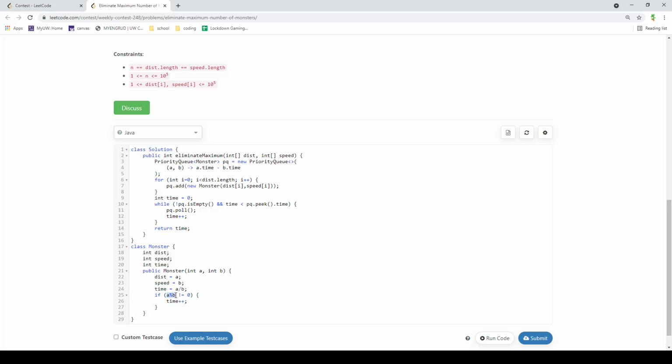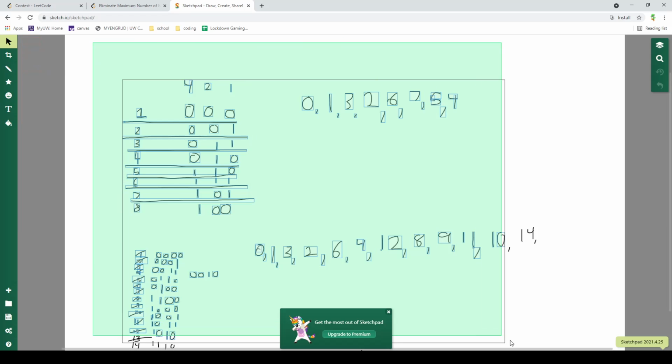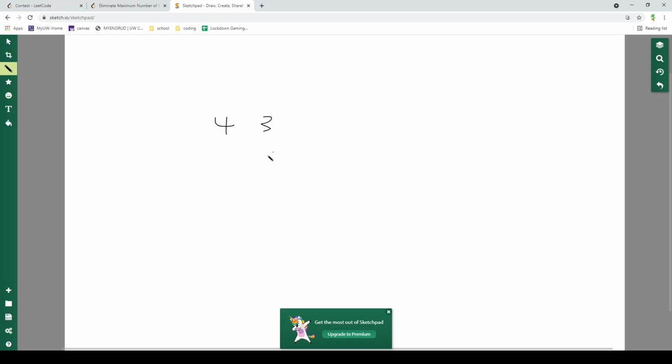If the distance is not perfectly divisible by the speed, we need to add 1. To see why this is the case, we'll look at a simple example. Let's just say we have a distance of 4 and a speed of 3. So 4 divided by 3 with integer division equals 1.